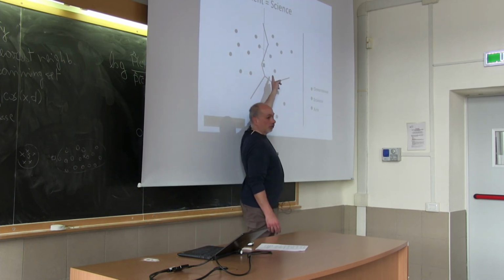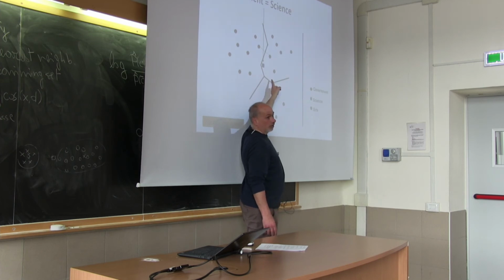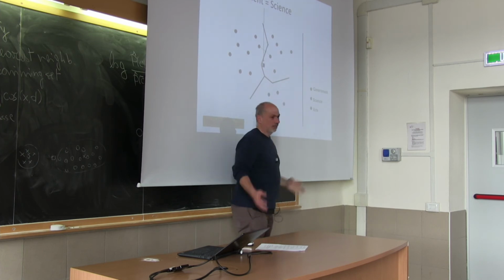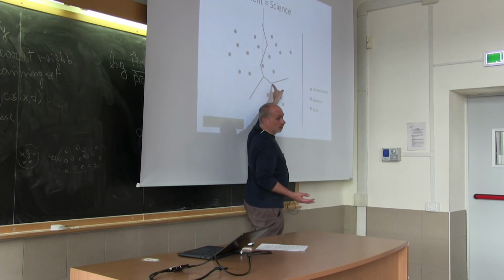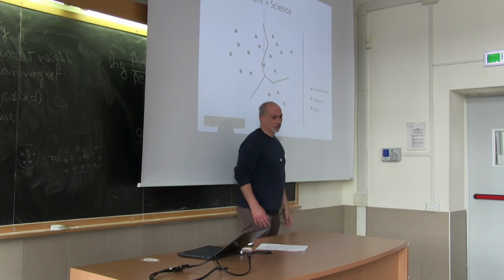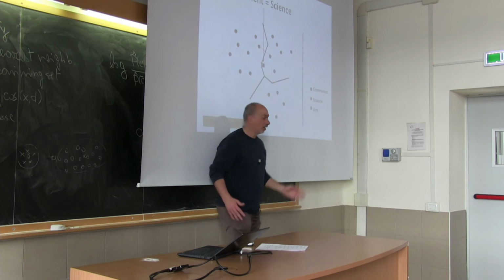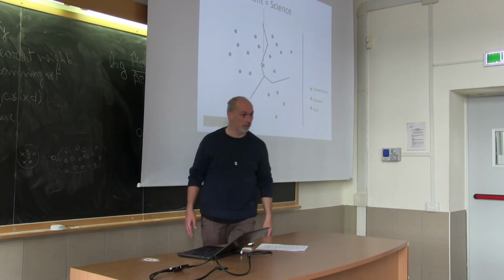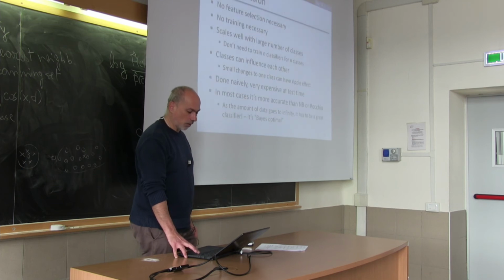For example, you add a document from this class a bit closer to the border, and then a lot of things are scrambled. I add a document here from this class, and suddenly the Voronoi diagram in this portion of the space changes completely. And this could propagate to other classes as well. That's a pain.